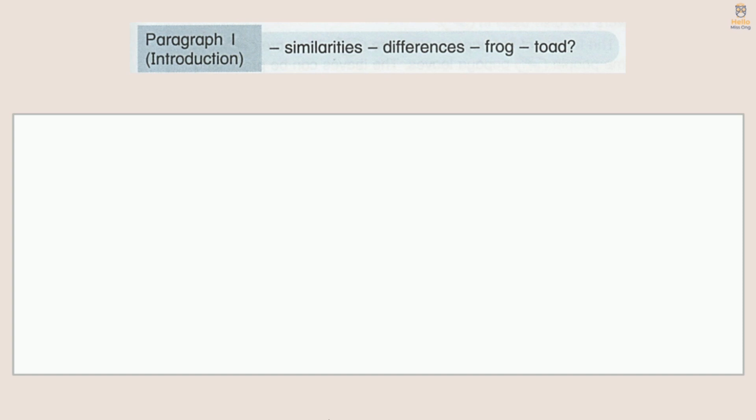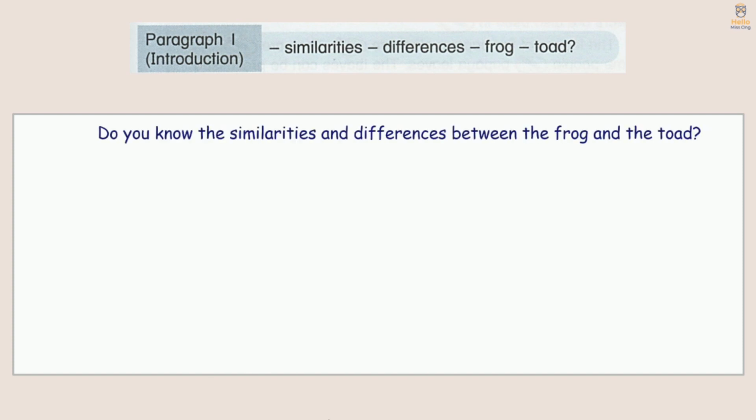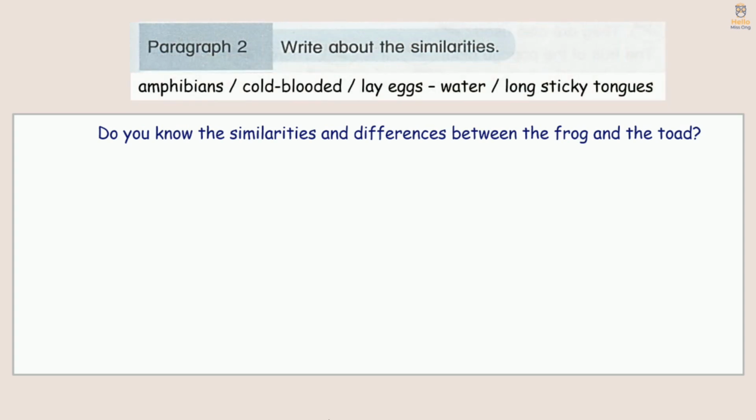Paragraph 1. Introduction. Similarities, differences, frog, toad. Do you know the similarities and differences between the frog and the toad? Paragraph 2. We write about the similarities between the frog and the toad.